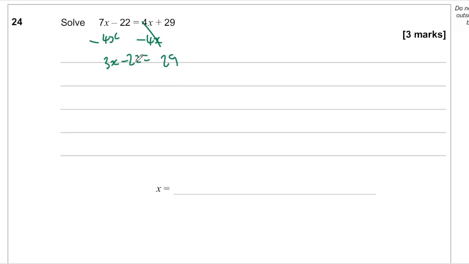Get rid of the number, move that to the other side, so I'm going to add 22 to both sides. So 3 lots of something equals 51, and then divide by the coefficient, divide by 3. So 3 goes into 5 once remainder 2, 3 goes into 21 7 times, so x equals 17.